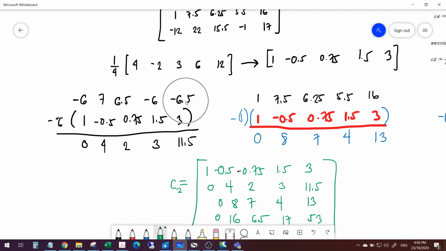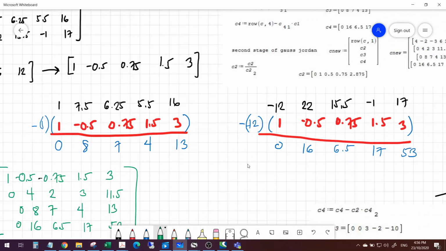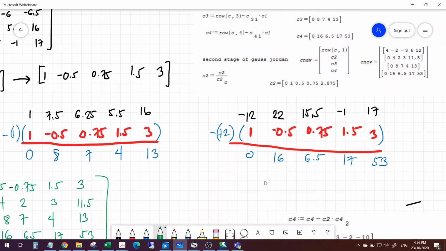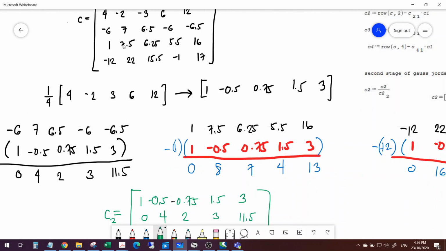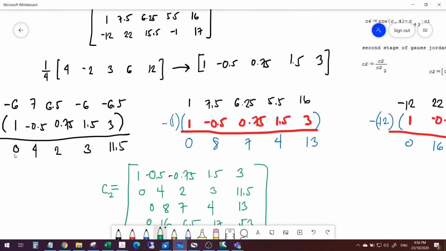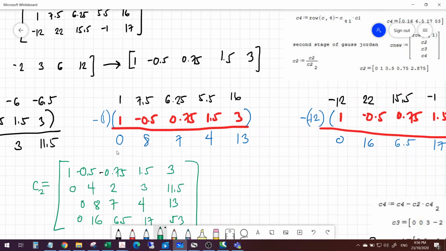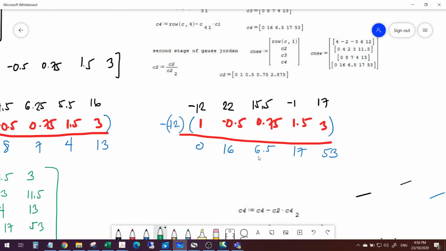Negative 6.5 minus negative 6 times 3 is 11.5. You do the same process here and here, and therefore this three-row matrix is now transformed as this: 0, 4, 2, 3, 11.5, 0, 8, 7, 4, 13, and 0, 16, 6.5, 17, 53.